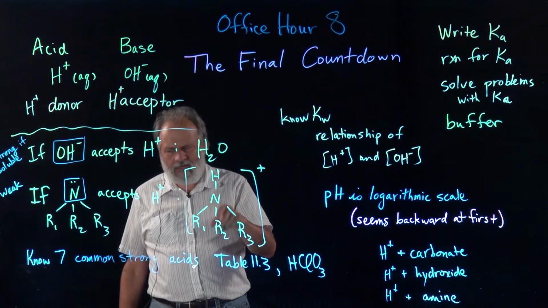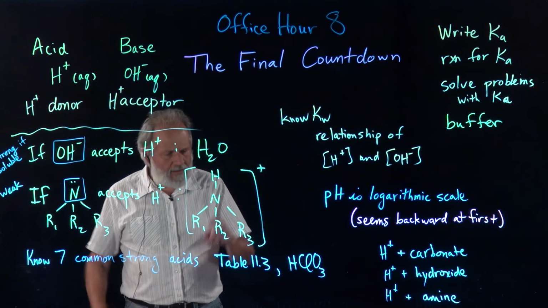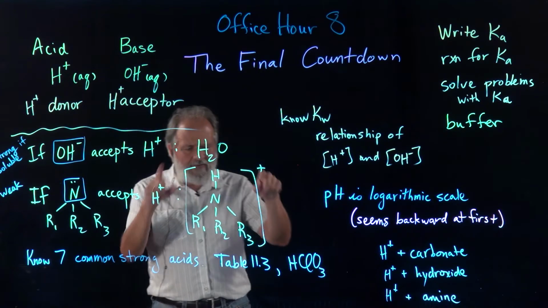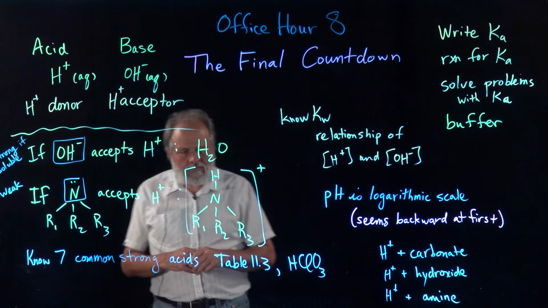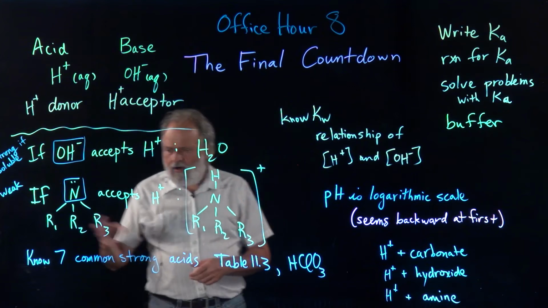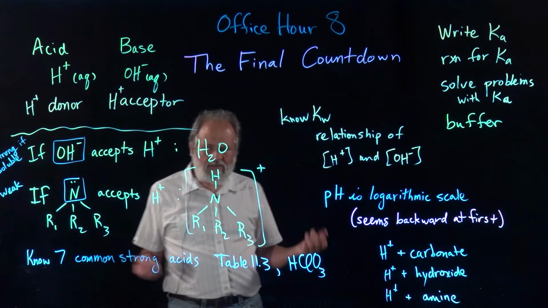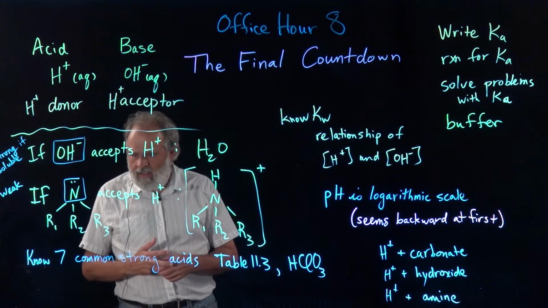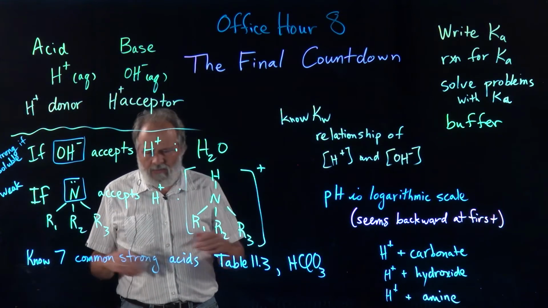You can see 4 covalent bonds, there's 3 plus a lone pair, 4 covalent bonds, and it'll have a net positive charge. And so R1, R2, and R3 could be hydrogens or any other organic stuff. So this class of compounds are called amines.